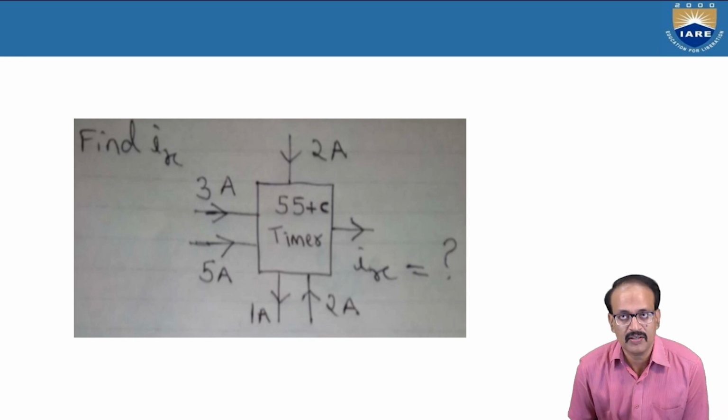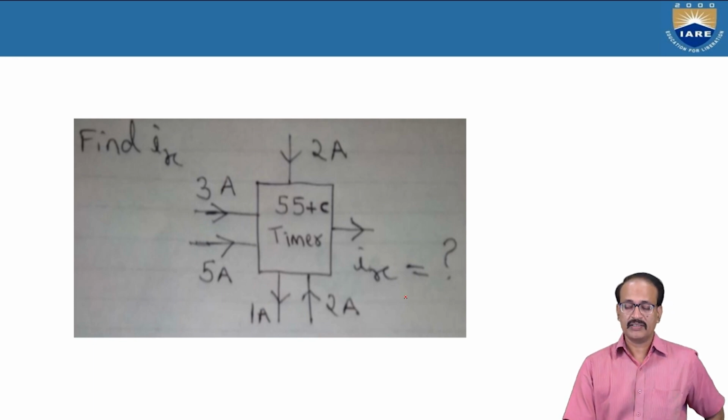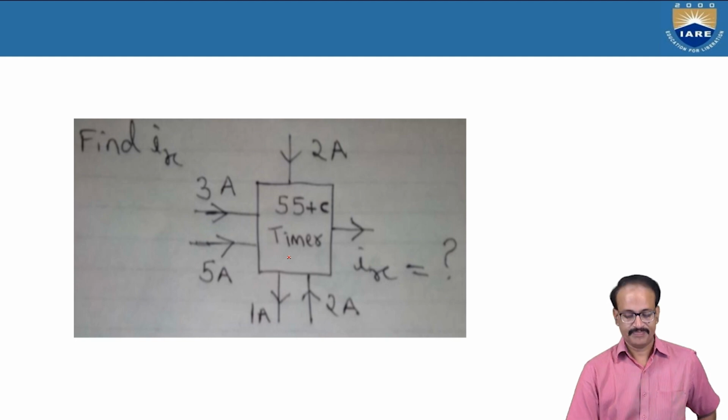Here also we will try to find this unknown current, which is called Ix, with the help of KCL. First we assign positive for entering and negative for leaving. 2 is entering, 3 is entering, 5 is entering, 1 is leaving, and 2 is leaving.